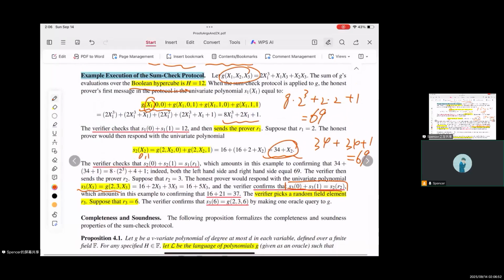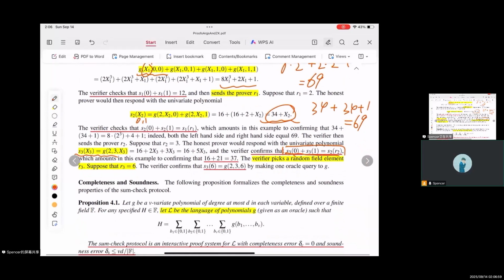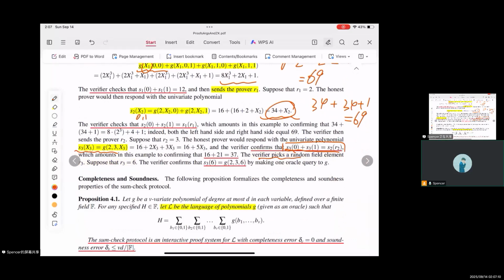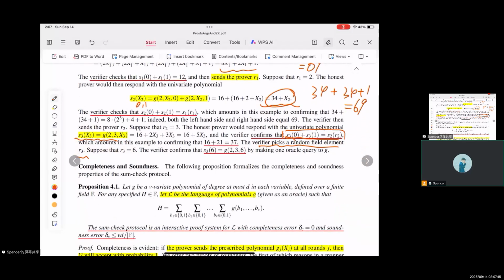Because there is no further iteration, the verifier picks the random element R3 and sends it to the prover. Suppose R3 is 6.